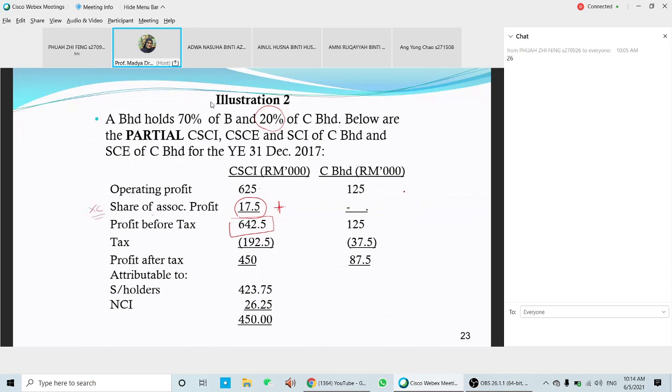When we prepare the cash flow statement using the indirect method, we start with the profit before tax, which is 642.5. This profit before tax already includes the share of associate profit. This item is a non-cash item, so we need to subtract the share of profit.